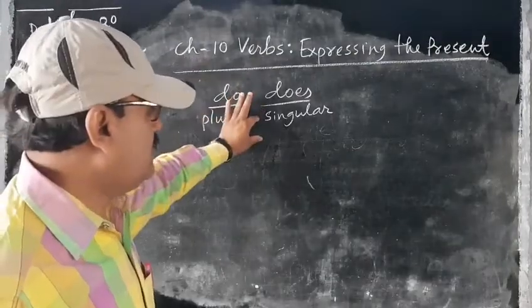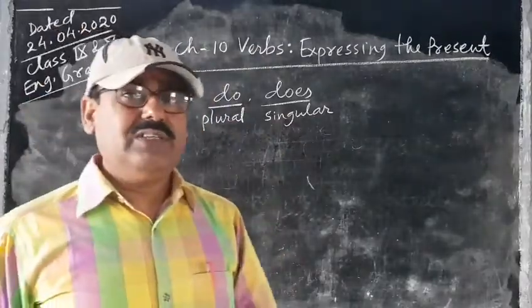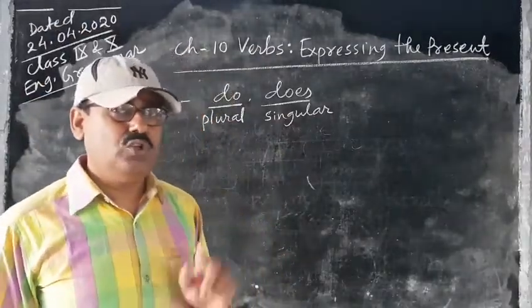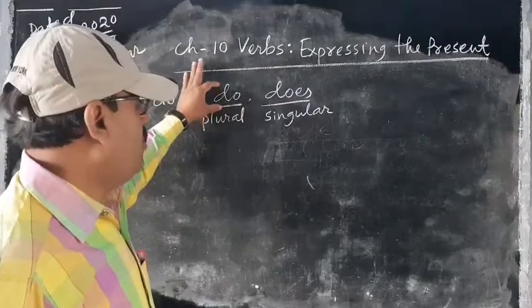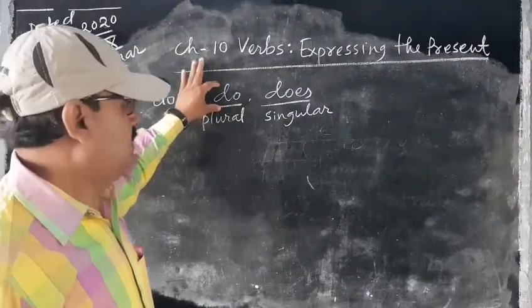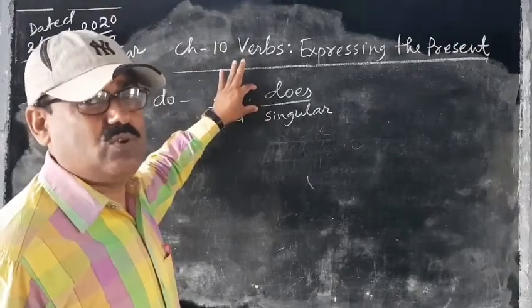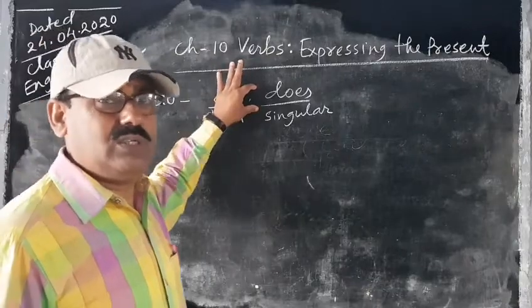With singular subjects we should use does. But keep in your mind that with the first person I and with you, we use do. I do not go. I don't go. But she doesn't go, or she does not go.